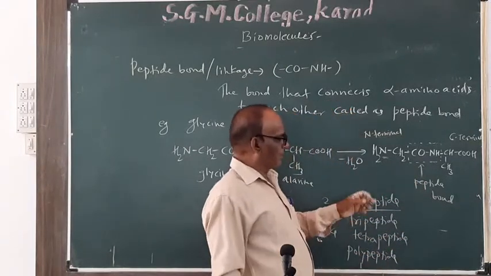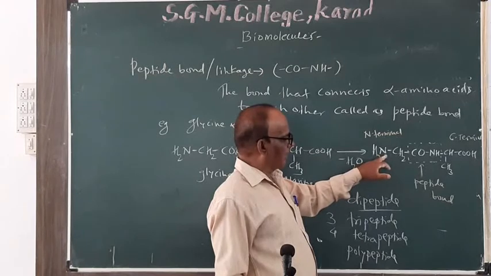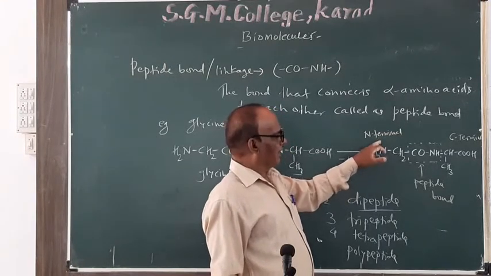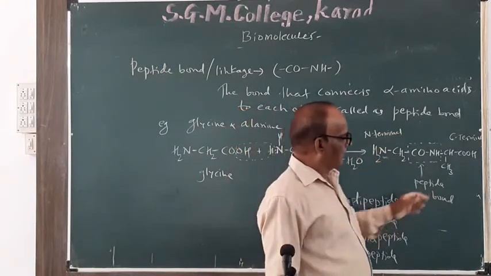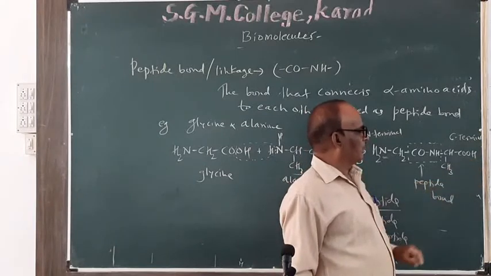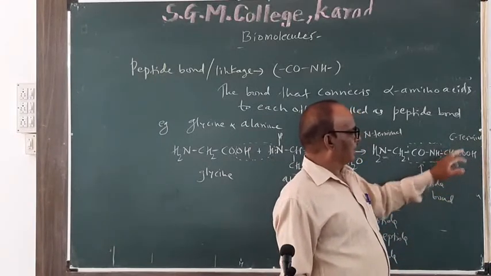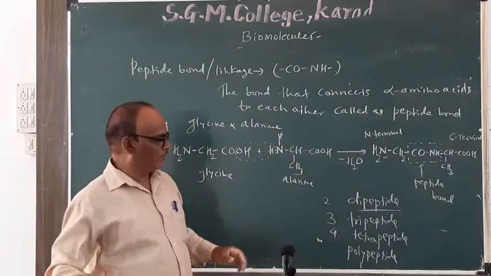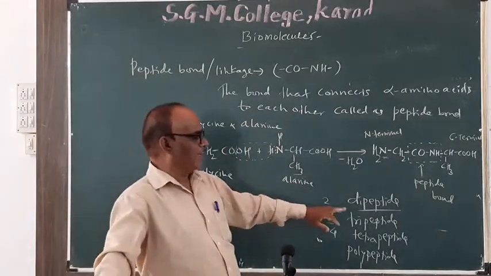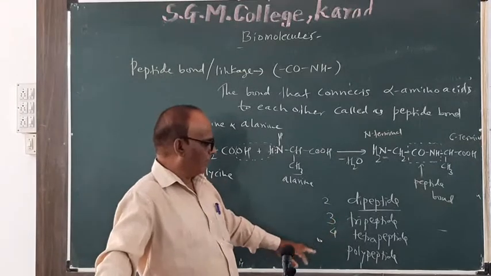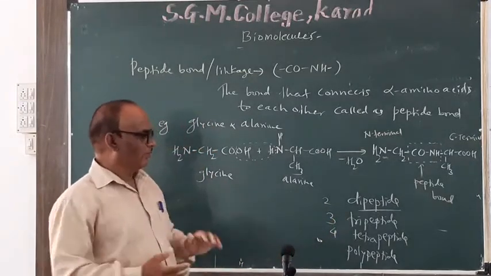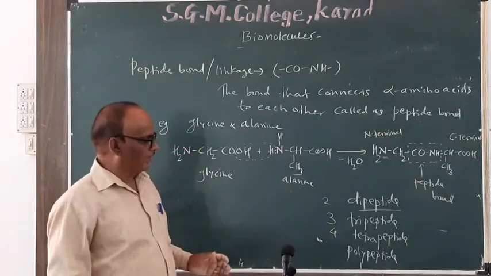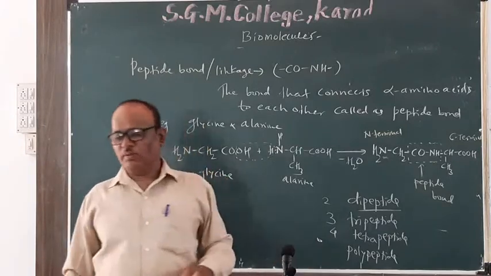In this linkage, at this terminal the NH2 group is present, that terminal is called the N terminal. And at this end the COOH group is present, so therefore this is the C terminal. And there are different types of peptides formed. Two molecules combine, then dipeptide, three molecules tripeptide, four tetrapeptide. If more than 10 molecules combine, then it is called a polypeptide.